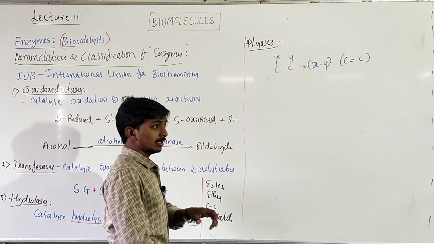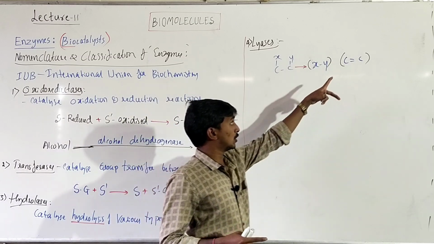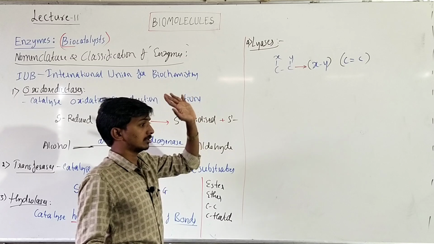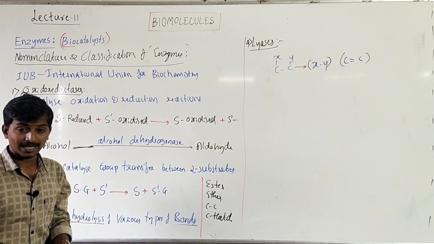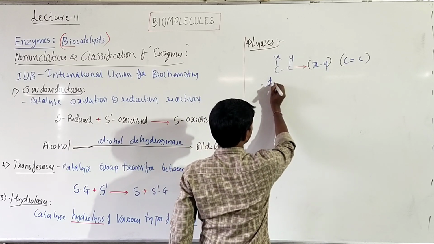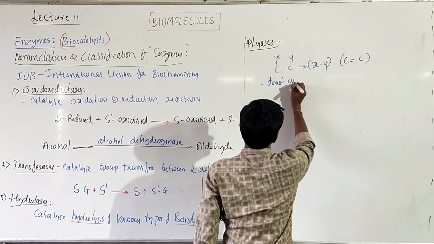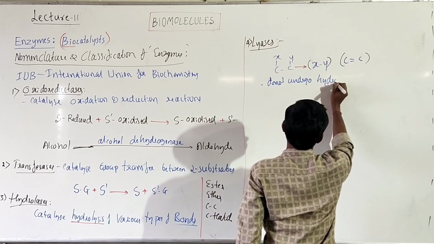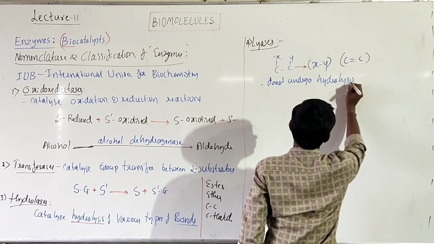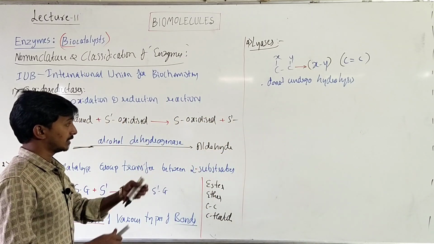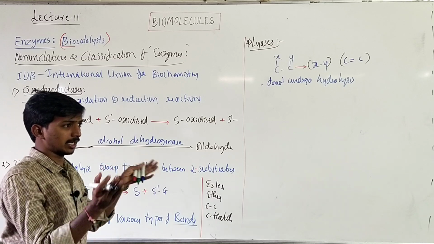One more thing you remember: firstly they will keep double bonds as they are, and they will not undergo hydrolysis. You should remember that. Right? That's about lyases. Lyase means breaking down.